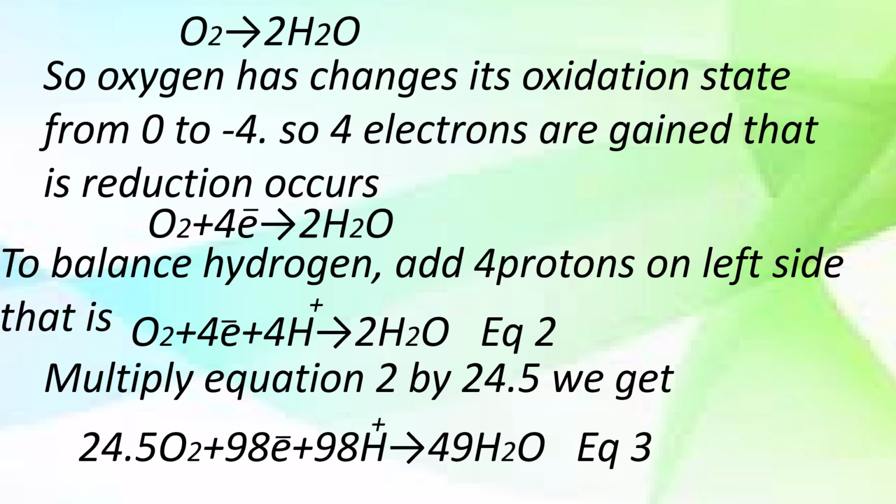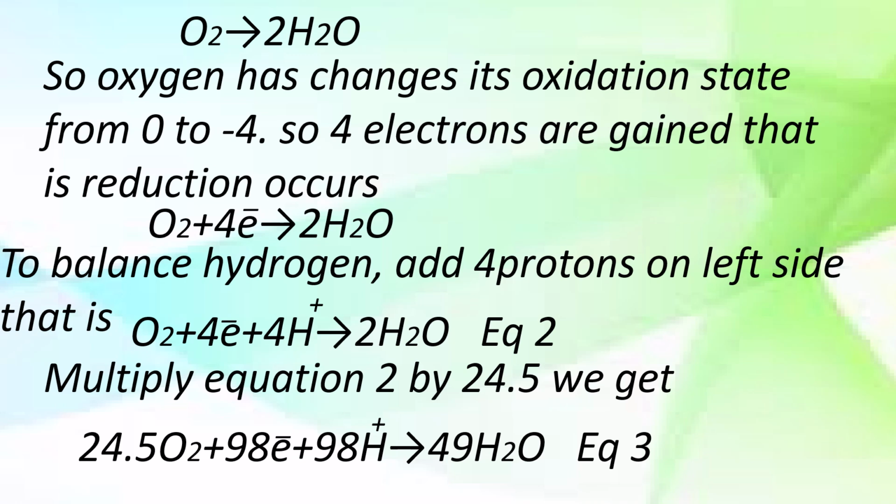So oxygen changes its oxidation state from 0 to -4. So 4 electrons are gained, that is reduction occurs. So we will add 4 electrons on left side. Oxygen plus 4 electrons gives us 2 water molecules.